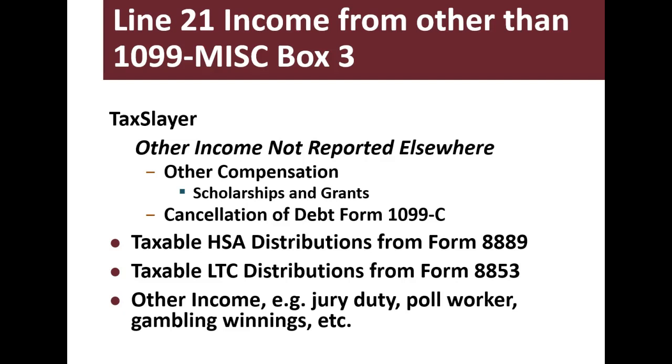Now, other than the box 3 on a 1099 miscellaneous, there may be other miscellaneous types of income that aren't on a form necessarily, or on a different kind of form. For example, scholarships and grants that have a taxable portion to them. Cancellation of credit card debt is considered income, which you'll find that a lot of times your taxpayer does not understand that.